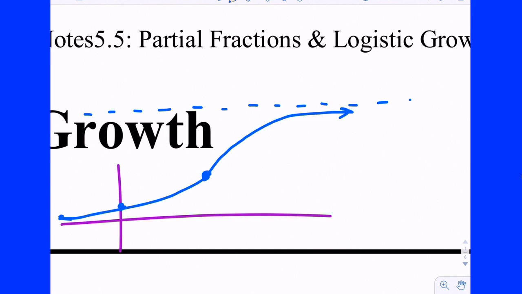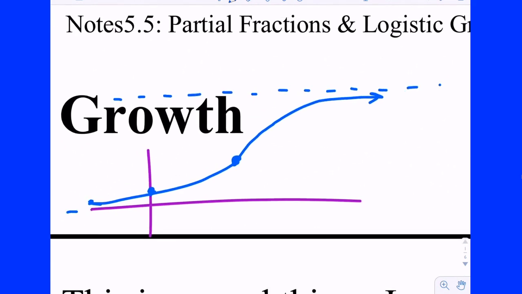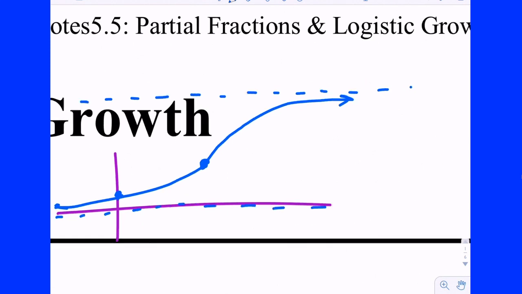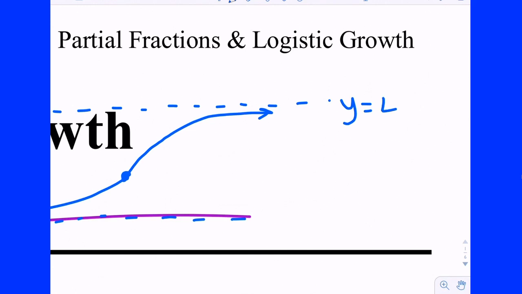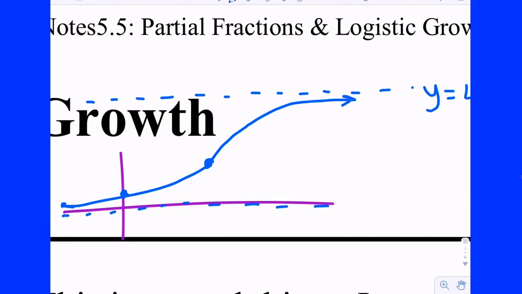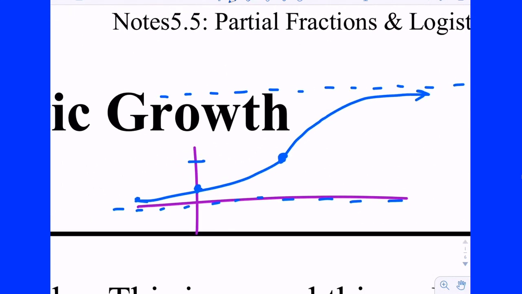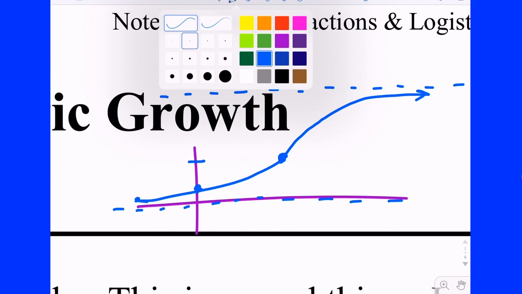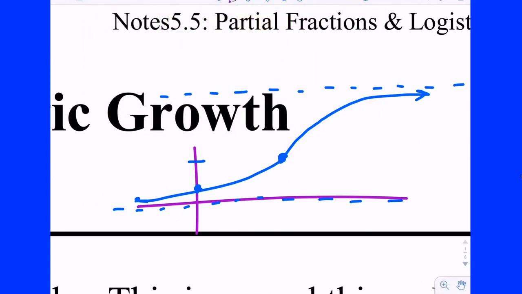Much like exponential, though, it has to have a seeding value, a starting value. That's the y-intercept. There is a horizontal asymptote down there on the x-axis, and this limit to growth was y equal to L. This point in the middle was pretty significant because it is, first of all, the inflection point, where the graph, in this case, changes from concave up to concave down.